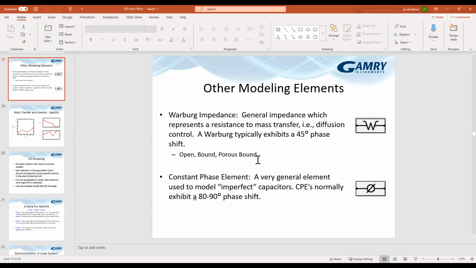That porous bounded is limiting the radial diffusion component at a certain distance, where it gets replenished, and so there is a steady state current that you get from microelectrodes, and that's reflected by a porous bounded Warburg.